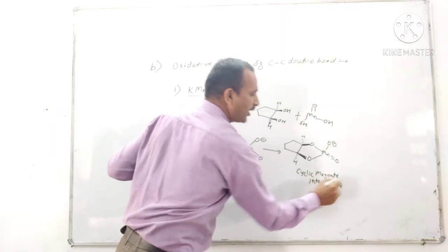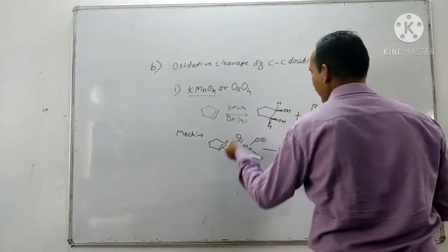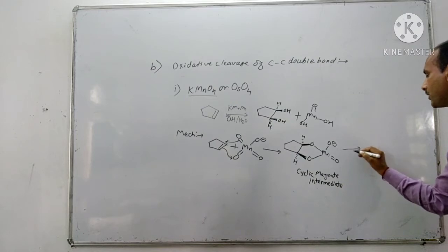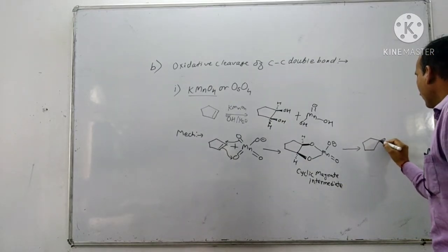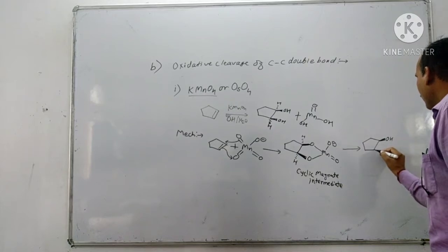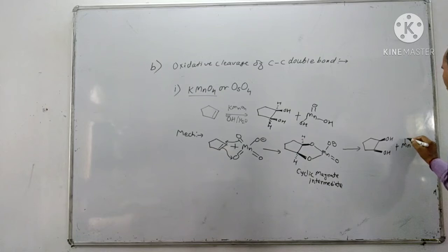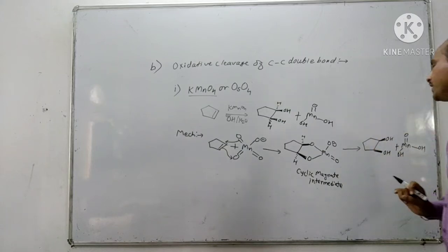It is formed, and in alkaline condition, in presence of H2O and NaOH, it forms cyclopentane diol, and this manganese compound is formed.